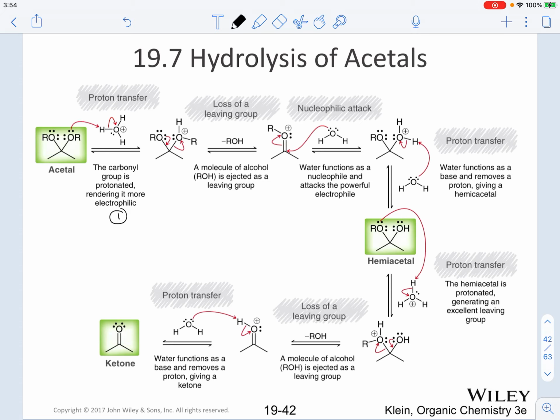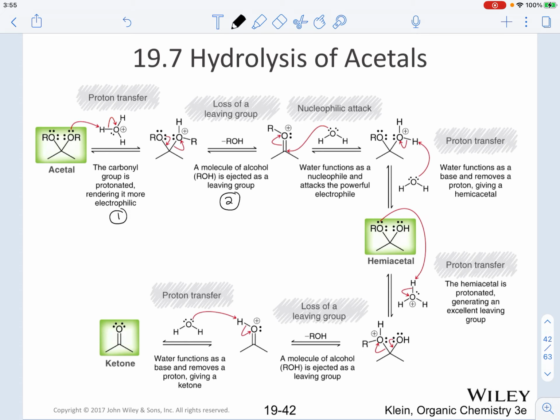Now, then in the next step of the reaction, the oxygen that was not protonated is going to do an intramolecular reaction, and we're going to have an alcohol being removed from the system and leaving as a leaving group.